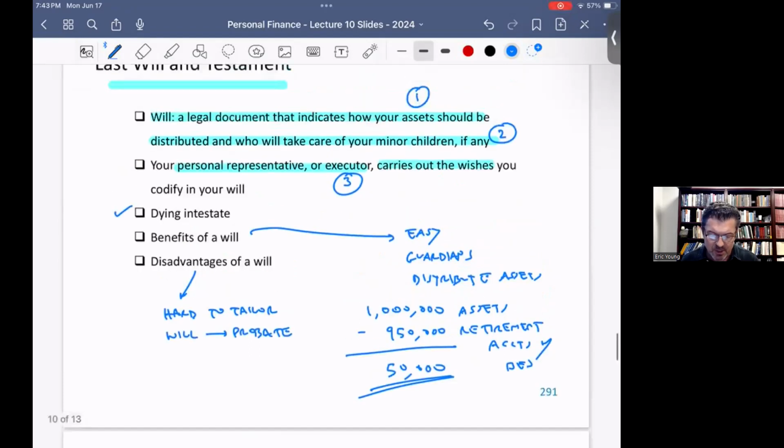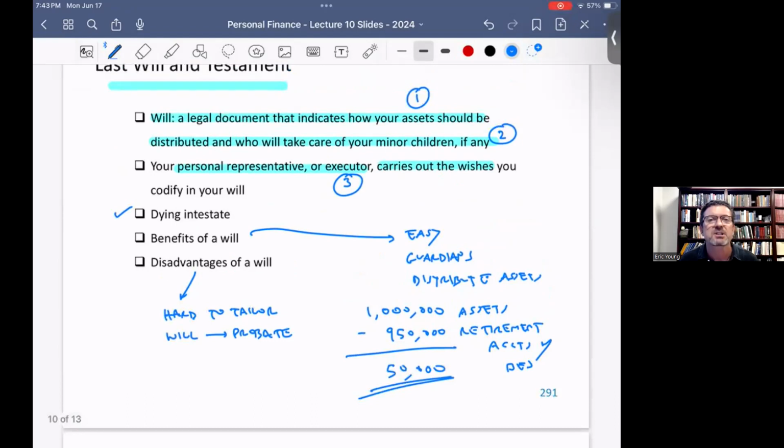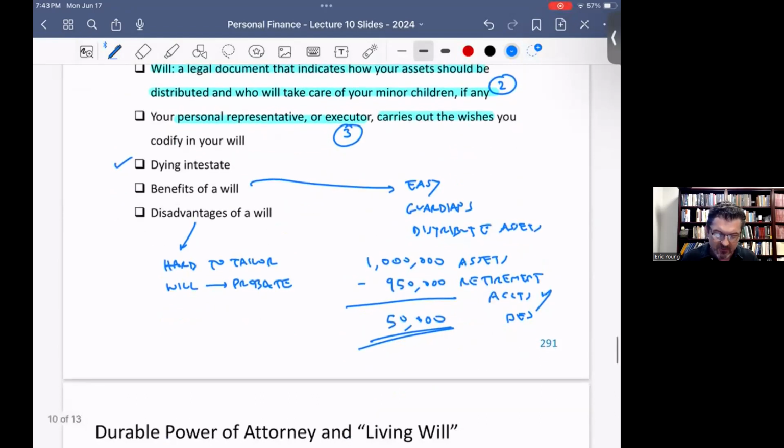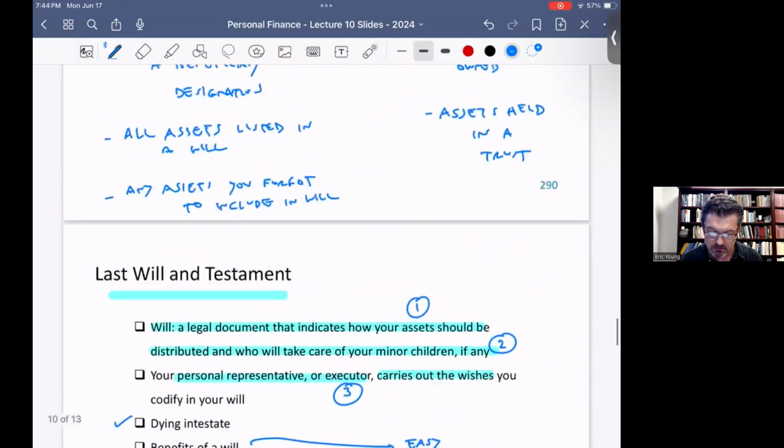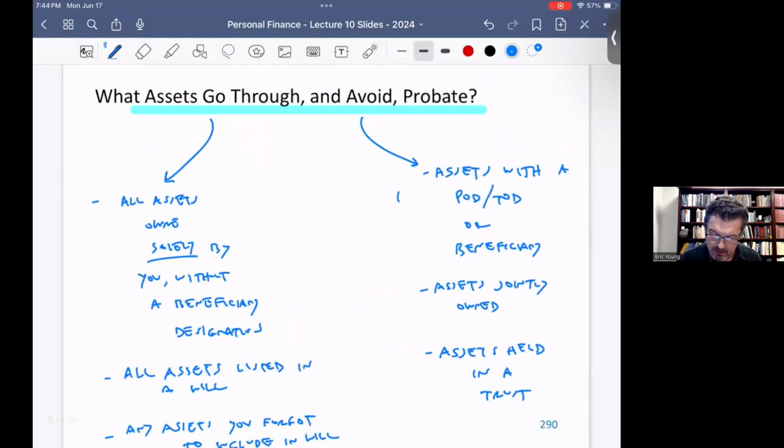Again, there's a lot going on here, but understand that the primary disadvantage of a will is probate, but then further understand that not every asset that you own is what we're going to call probatable. Some assets are non-probatable. They avoid probate, specifically these assets there.